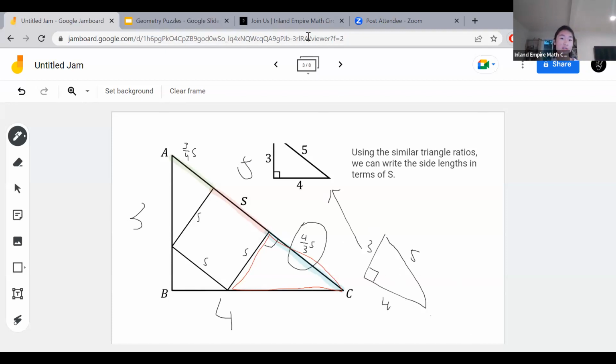What I'm trying to say here is that the side lengths have the same ratio. So it's just a shrunk down version. And the hard part now is that one of these sides here is S. So does that make sense?